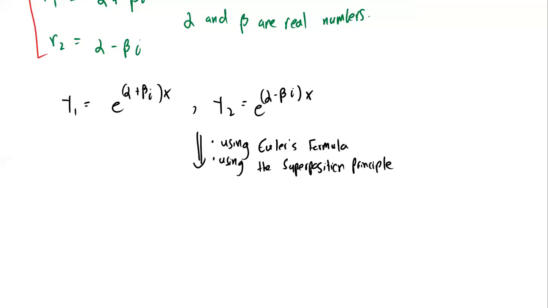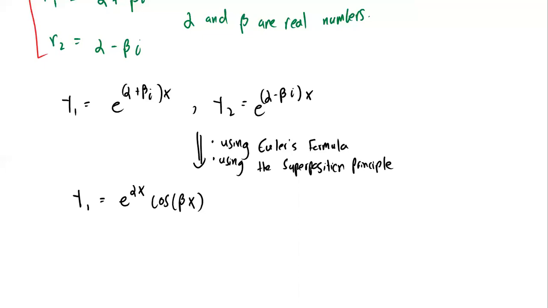What you can do is, from these two solutions, you can derive two other solutions. So what are these two other solutions? They're going to be y1 equals e to the alpha x, and I guess the order doesn't matter, so I'm just going to write cosine first, cosine of beta x.